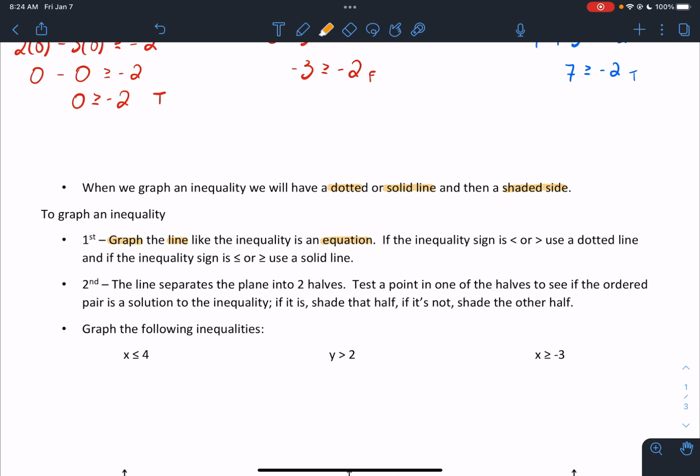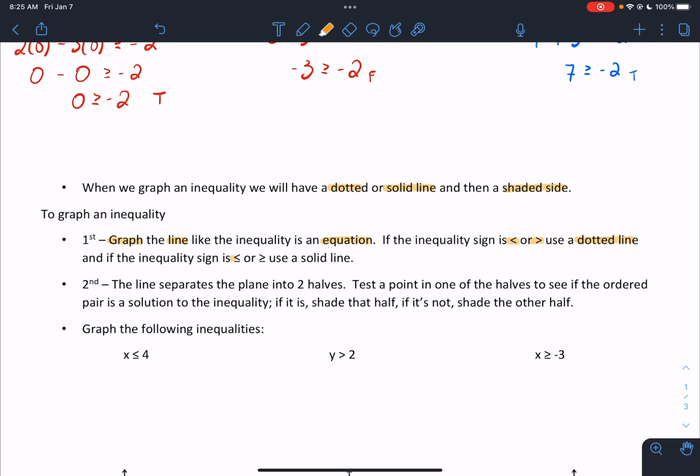And then once I graph my equation, if I have a less than or greater than sign, noticing that there's not a line underneath it, that means that my line will be a dotted line. That's going to tell me that points that fall on my line are not a solution to my inequality.